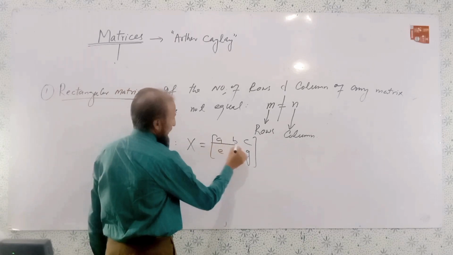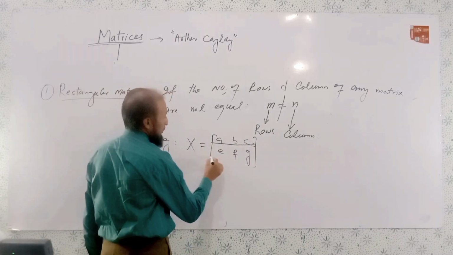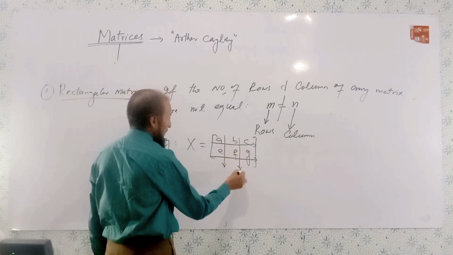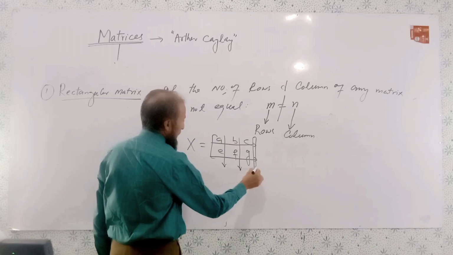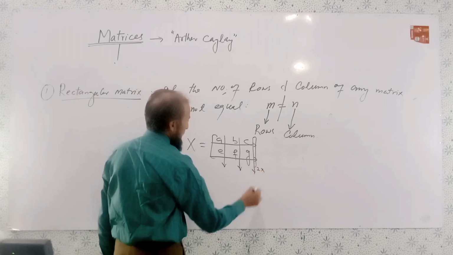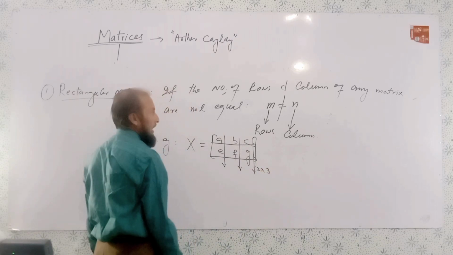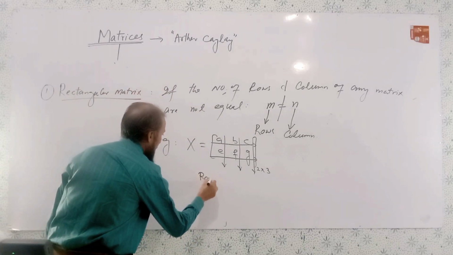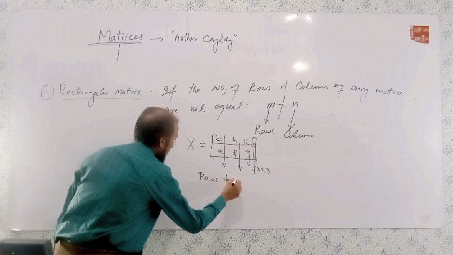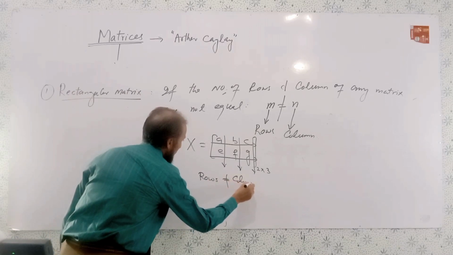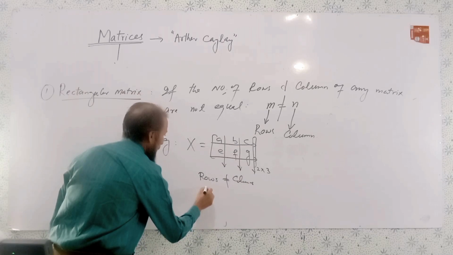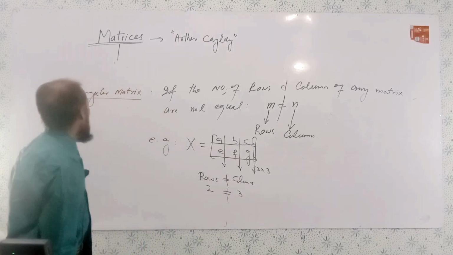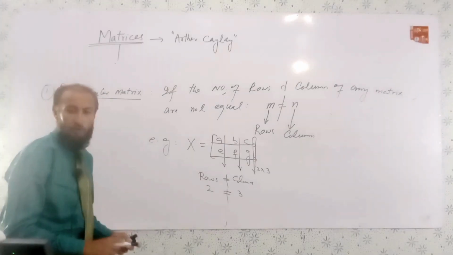Clearly there are 2 rows and 3 columns, meaning 2 cross 3. So the order is different, and rows are not equal to columns. 2 is not equal to 3, so this is called a rectangular matrix.